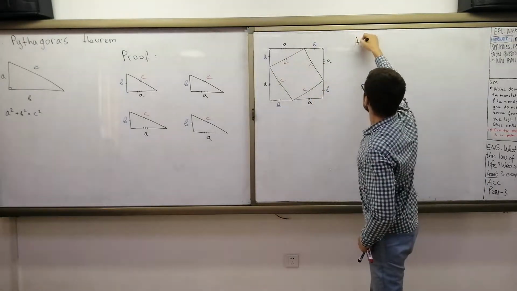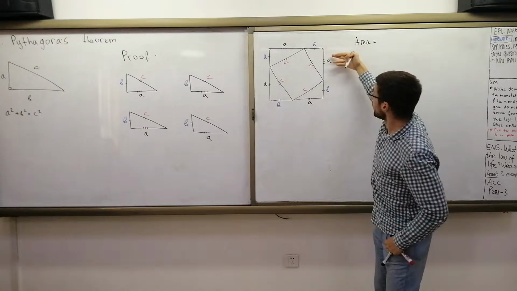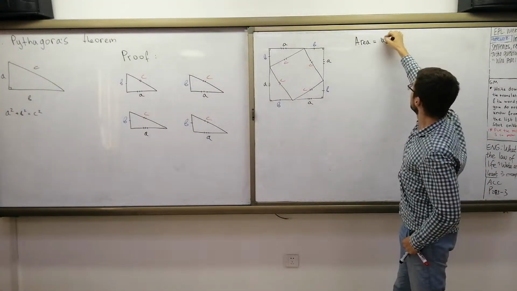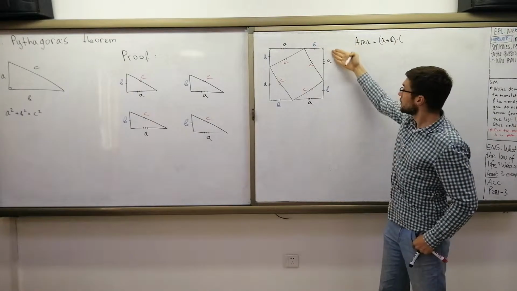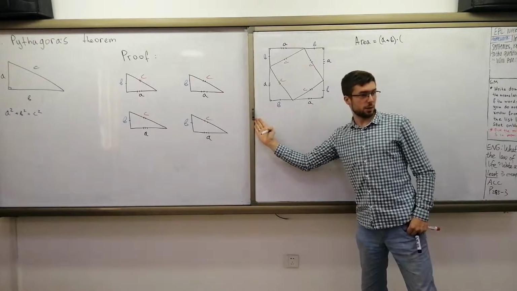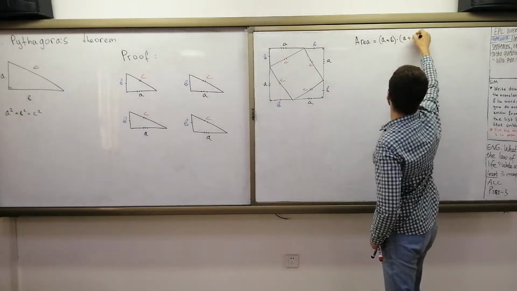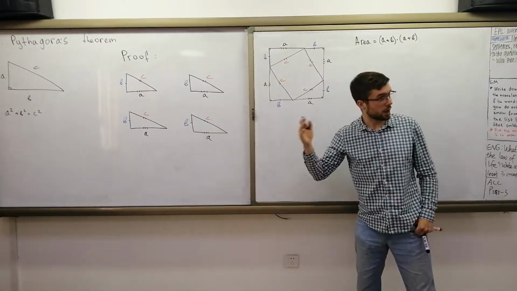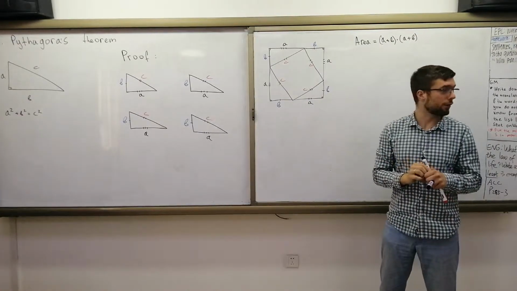So let's say area is equal to what? A plus B, right? A plus B multiplied by A plus B, right? That's on one hand, right? But on the other hand, I can express the same area as the combination of areas.